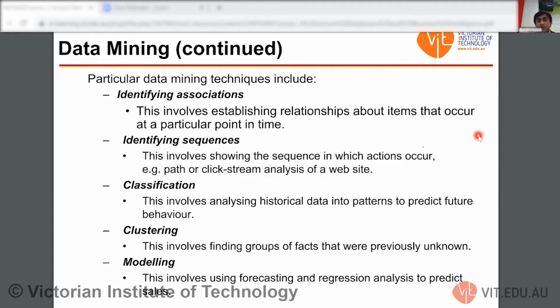Classification is to find out the patterns in the data and to predict the future. For example, if we have historical data, based on that we can find the pattern in the data and we can predict the future. Say we have the data of 5 years, and we can see what the trend is in 1 year, what the pattern is.